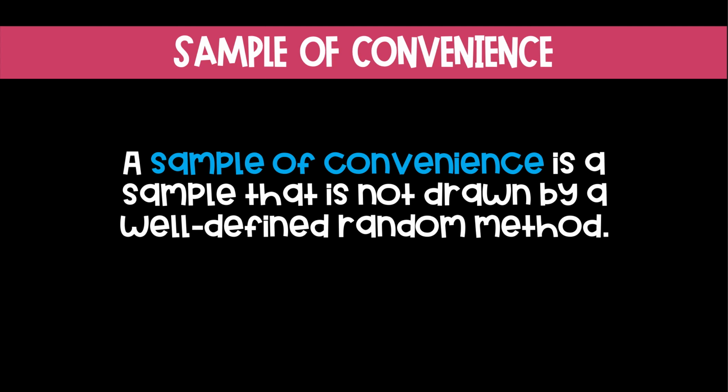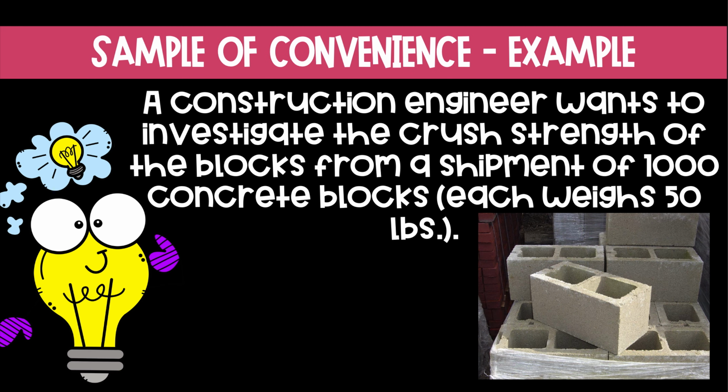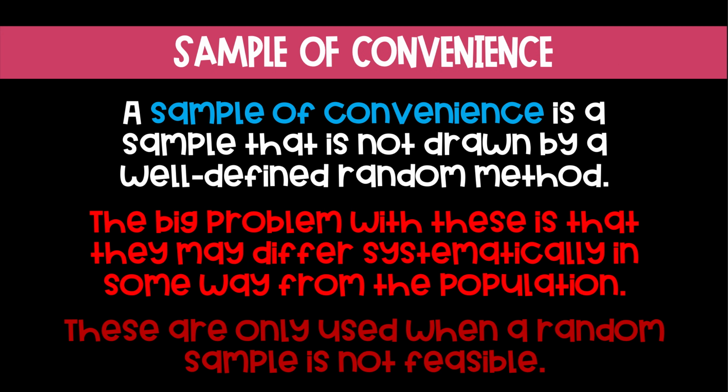A sample of convenience. It's a sample that is not drawn by a well-defined random method. Here's an example. A construction engineer wants to investigate the crush strength of the blocks from a shipment of 1,000 concrete blocks. Each weighs 50 pounds. A sample of convenience would be him grabbing only the ones that are more accessible.